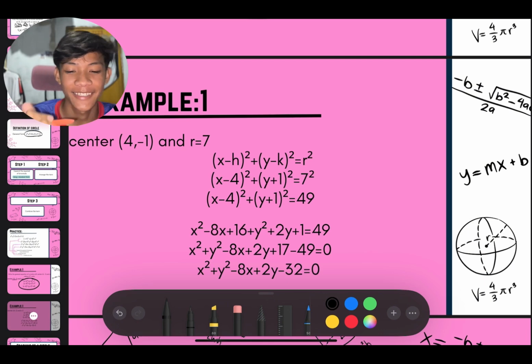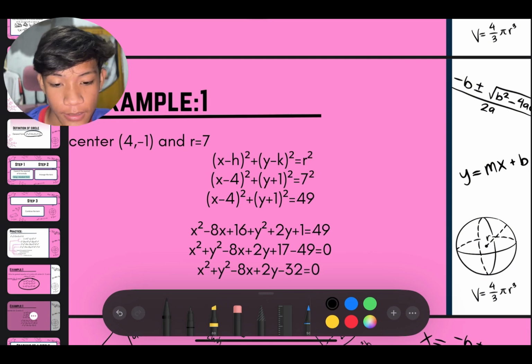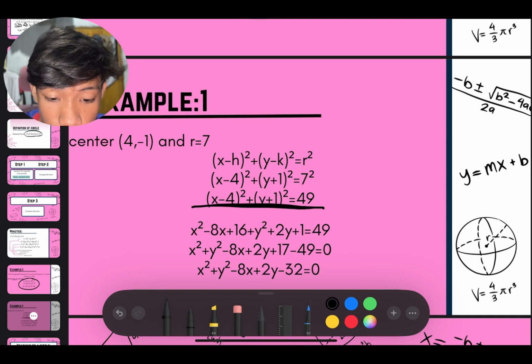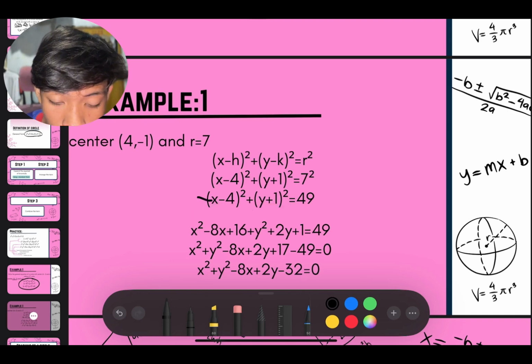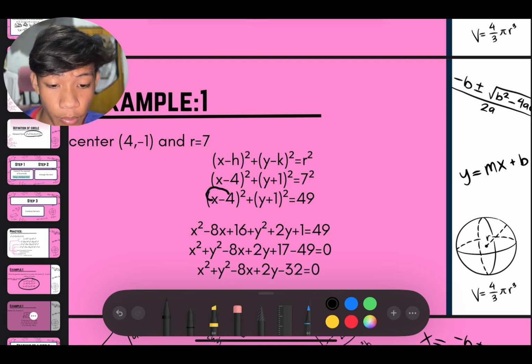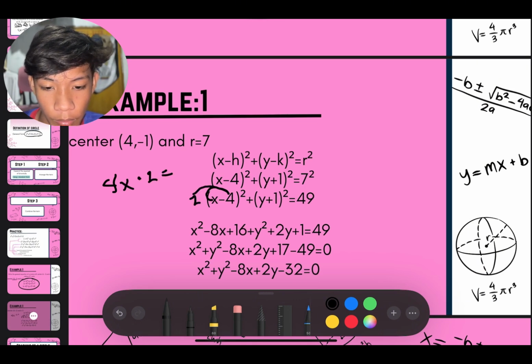Let's expand the standard form. So x times x will be x squared. That's how we get this one. Then x times 4 gives 4x, then multiply by 2, that will be negative 8x.